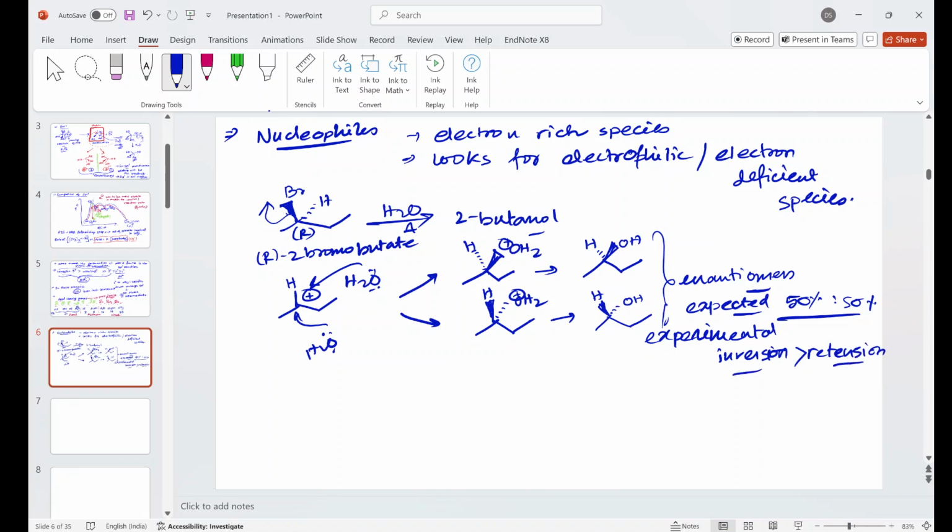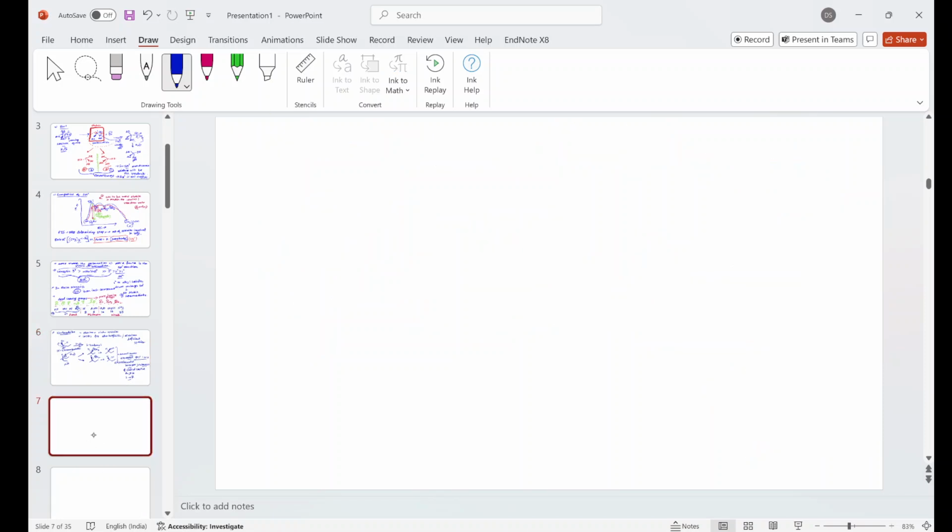What is inversion? What is retention? That is at the chiral center, that means R to S or S to R. Okay. With that, we move to the other one, that is SN2, bimolecular.